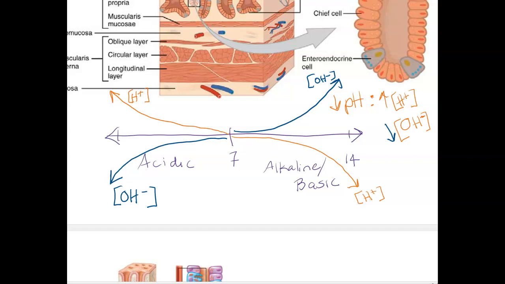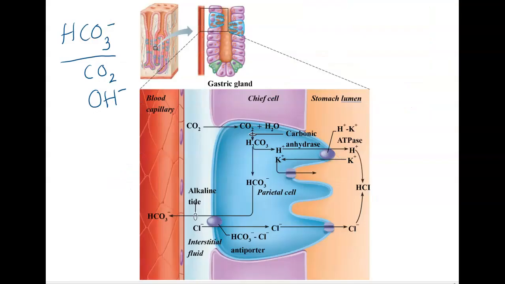So what do these hydroxide ions have to do with bicarbonate and hydrochloric acid? I'm going to show you that next. Previously, when we've talked about bicarbonate ion and its power to help buffer blood, we showed the fact that the bicarbonate ion, this one right here, is actually a combination of carbon dioxide gas and hydroxide ion.